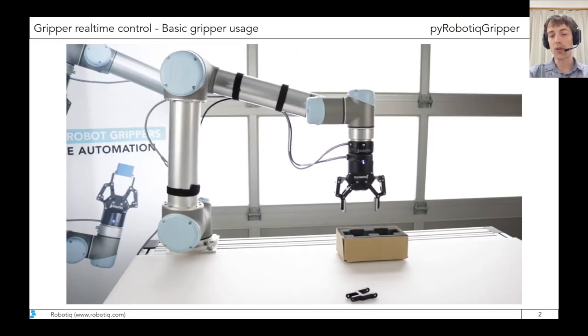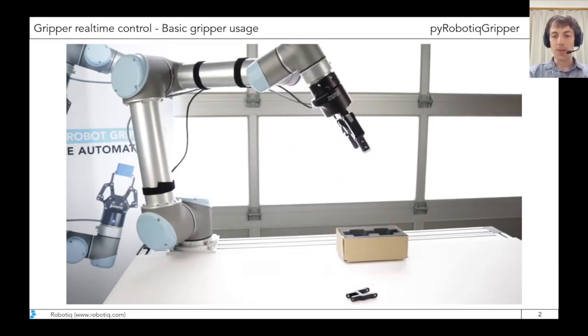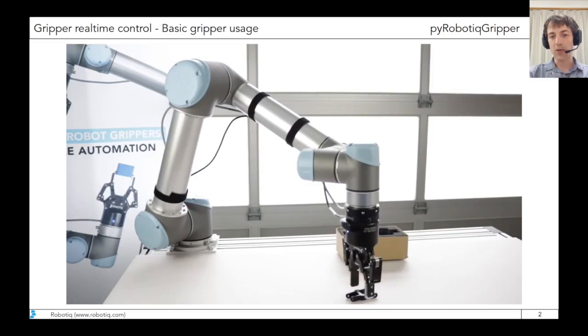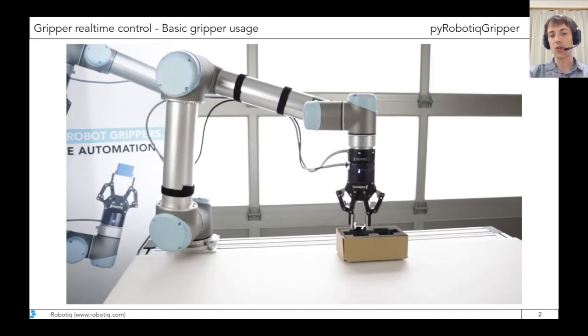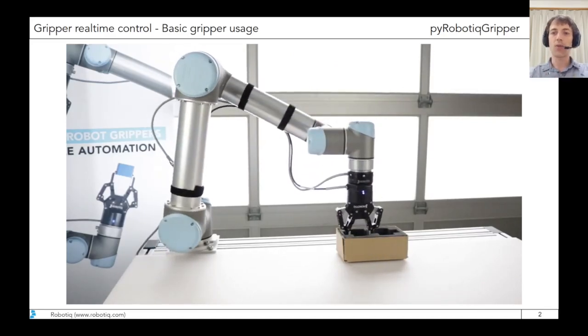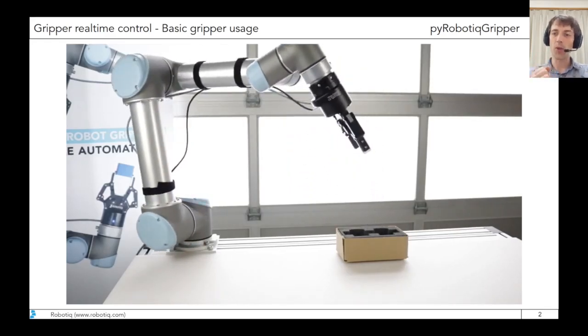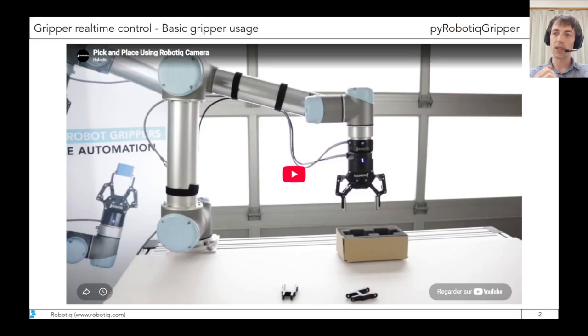The gripper closes on the object. Then the robot has the object, moves to the box, and then releases the object. So we send just a release command. It's kind of one-time control. We send one command to grip, one command to release. That's the basic use case, the basic control for the gripper for basic applications.